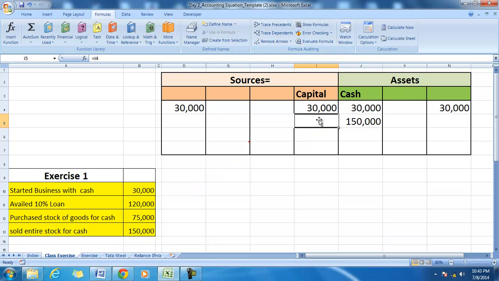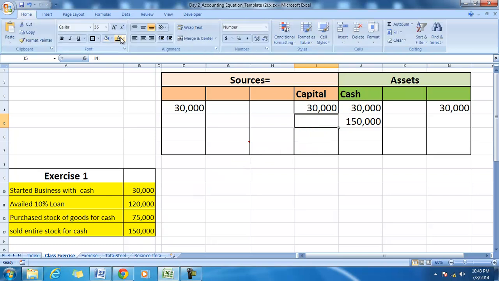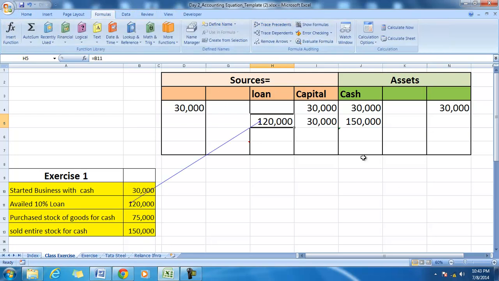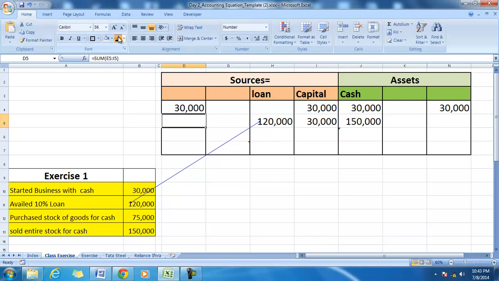But there is no change in the capital, because the money has not come from the shareholders but from the bankers, the loan giver, and we call that a loan, to the extent of 120,000. So the sources are once again equal to the assets.